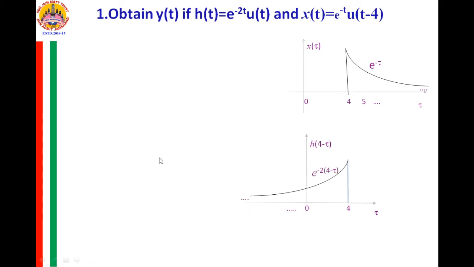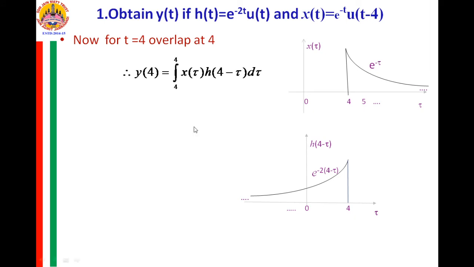Now for t greater than 4, we need to observe. For t equal to 4, you observe that they have the amplitude at 4. So these two overlap exactly at 4. If I am evaluating this integration at t equal to 4, then y at 4 will be equal to integration from 4 to 4 of x of tau h of 4 minus tau d tau.